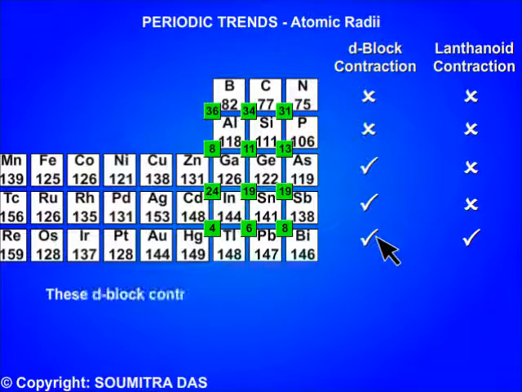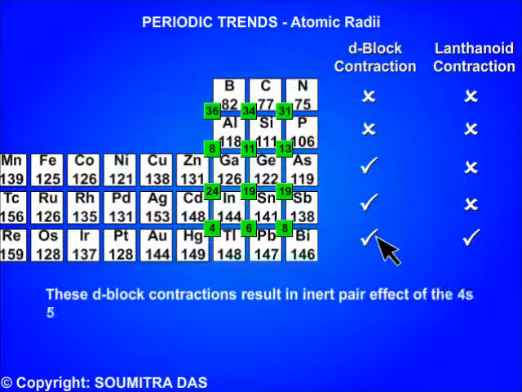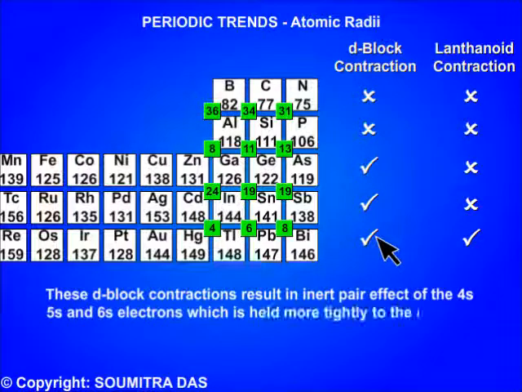These d block contractions result in inert pair effect of the 4s, 5s and 6s electrons, which are held more tightly to the nucleus. At this position, the contraction is even more because both d block contraction and lanthanide contraction come into play. So you see that the difference in atomic radius becomes very low over here. Thank you for watching this video.